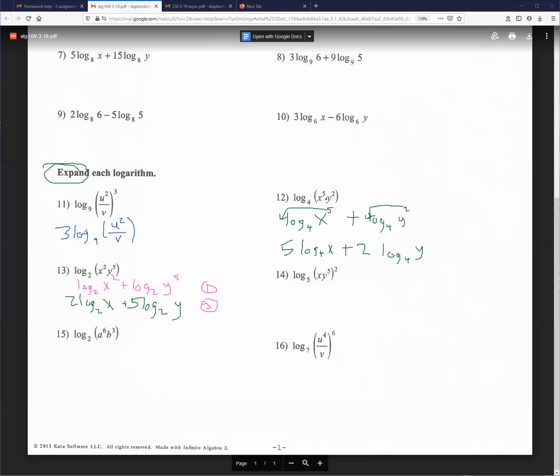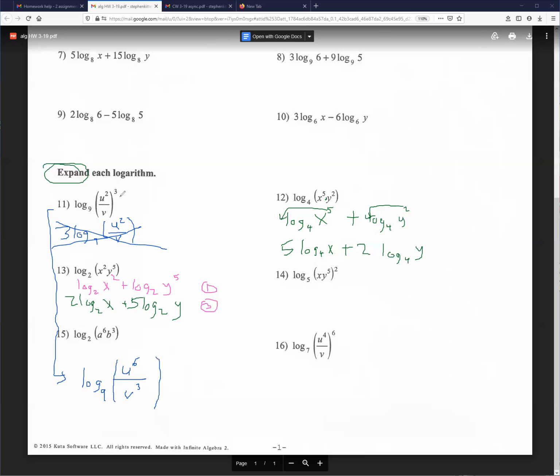And then we could go through the properties with this. I'm going to say that that's the harder way to do it. So I'm going to go, nope, we're not going to do that. Instead, what we're going to do is we're going to simplify our expression first. We're going to say this is log base 9 of u to the 6th over v cubed. This makes a lot more sense to do.